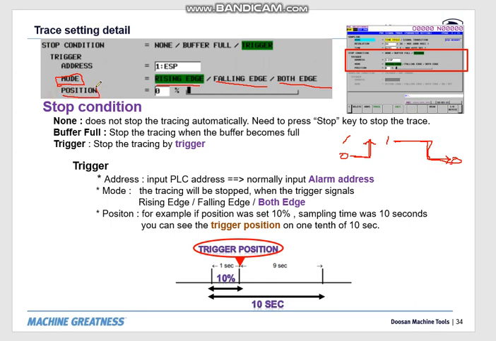The position means, when you stop, for example, the buffer time you select, you input a maximum of 10 seconds.